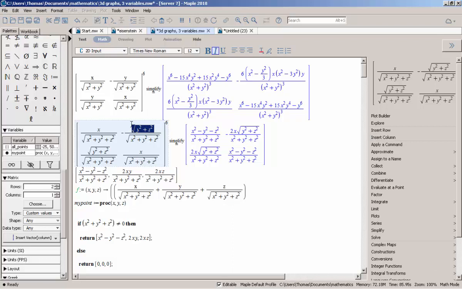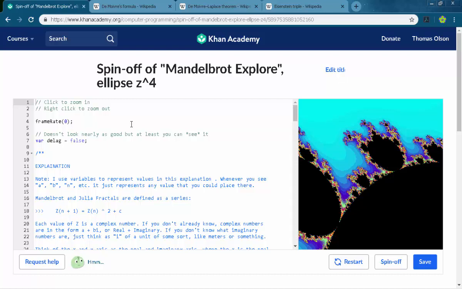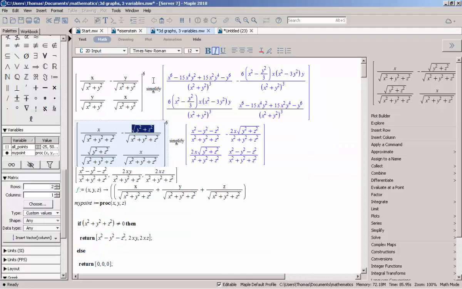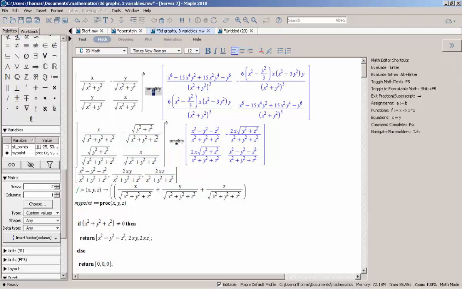I've done this before. It's been 5 years or so since I've played around with these things. I didn't know about Mandelbrot 5 years ago, though. Specifically ellipsoids. Anyway, you know what? That's enough for now.